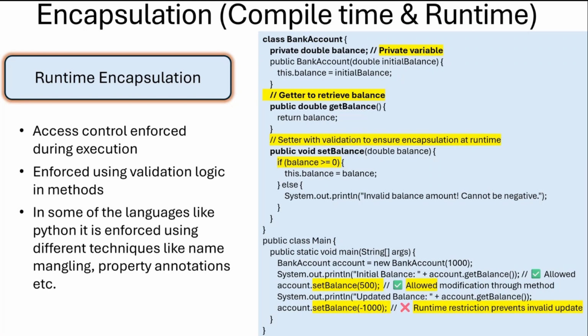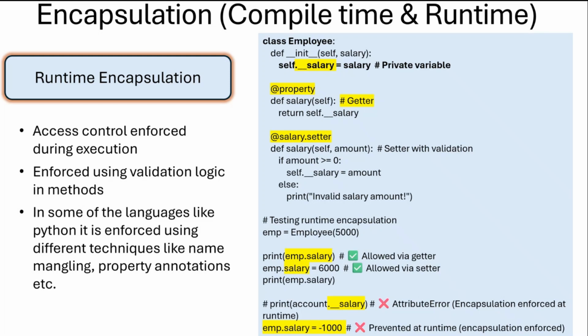In some languages like Python, as we discussed, compile time encapsulation is not possible, but runtime encapsulation is possible using techniques like name mangling, property annotation, etc. Right? So during runtime, it checks that part. For example, you can see in Python, the private variable is declared like that. The methods which can access those private variables are declared like that, right?